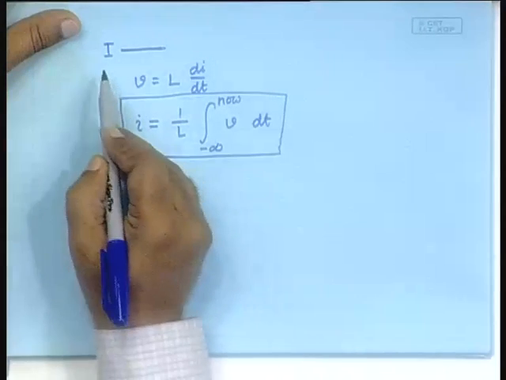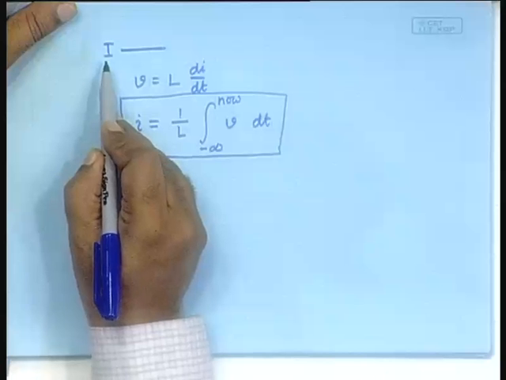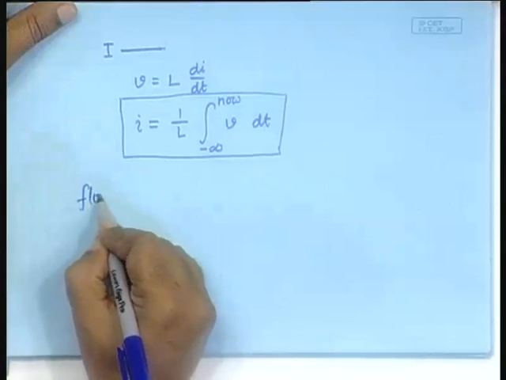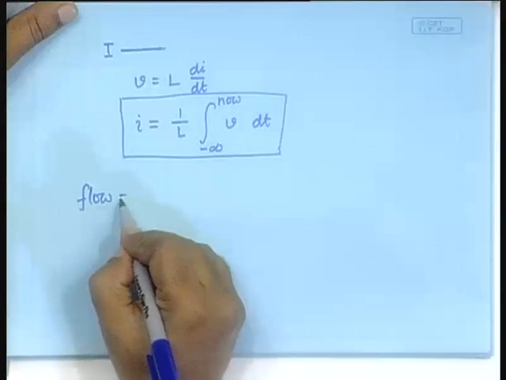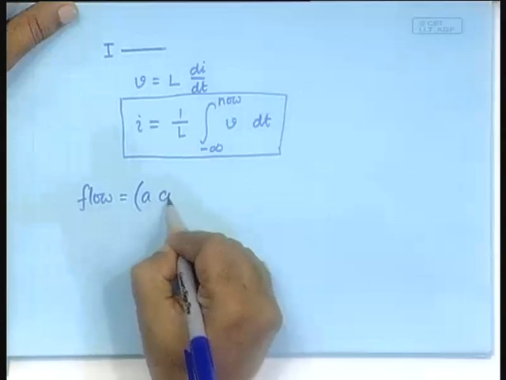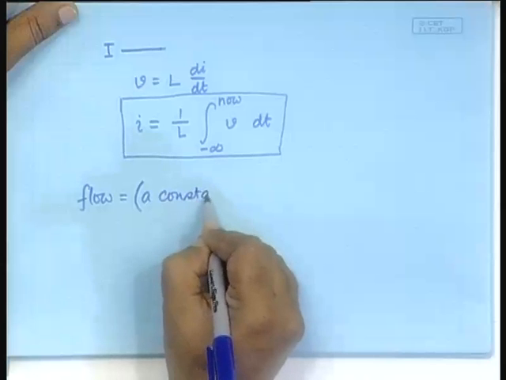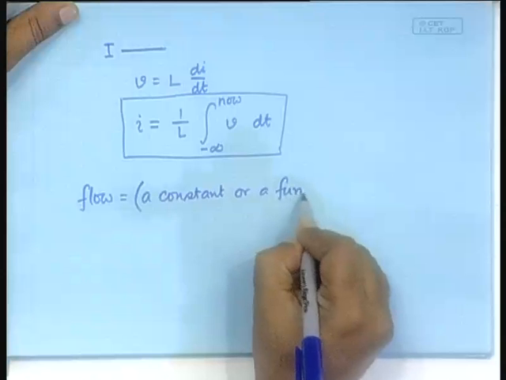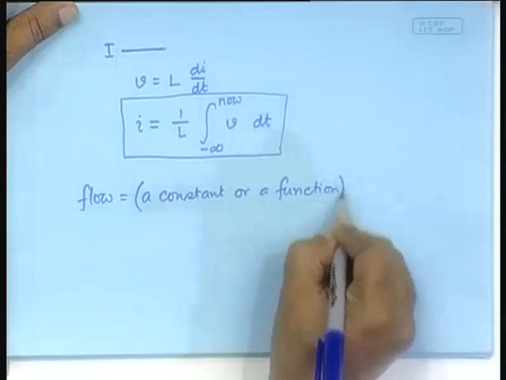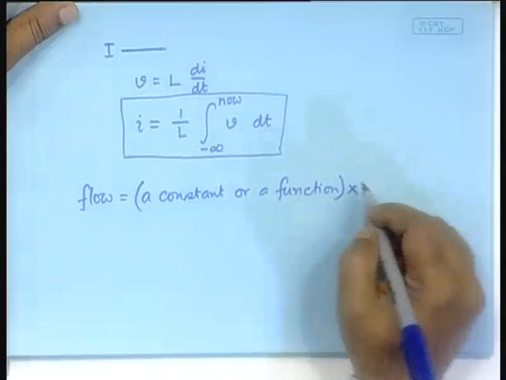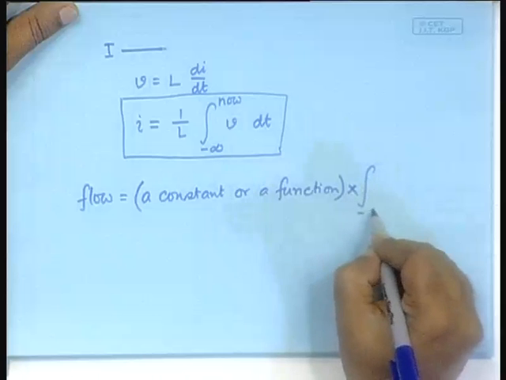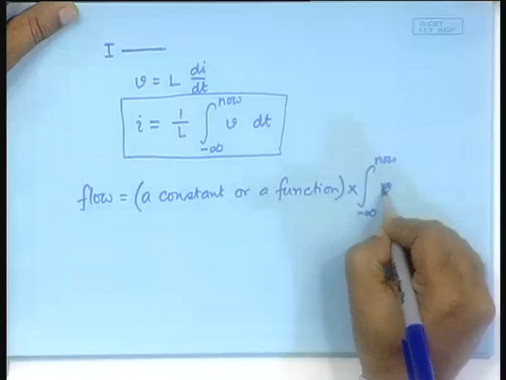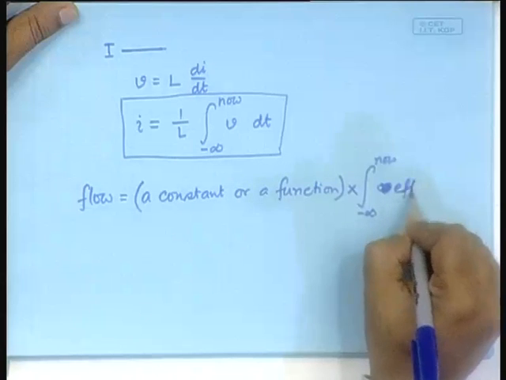The character of the inductive element or the inertial element is that the flow is equal to a constant or a function times this integral from minus infinity to now of the effort, dt.